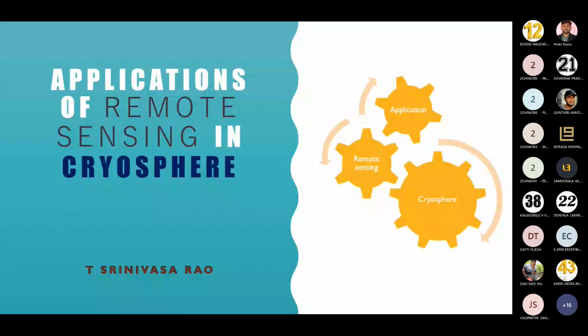And remote sensing has got, just a second, somebody is trying to join. Ramu sir. Yes, sir.